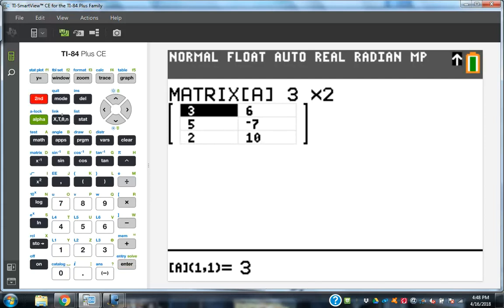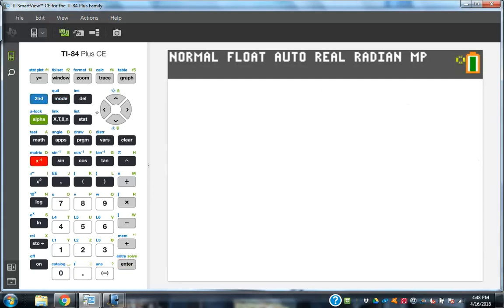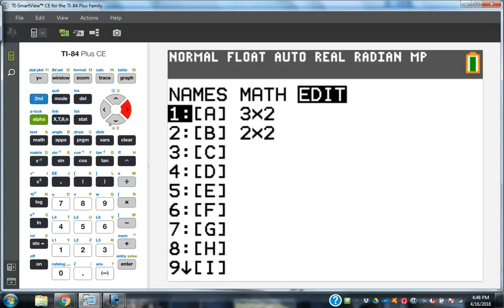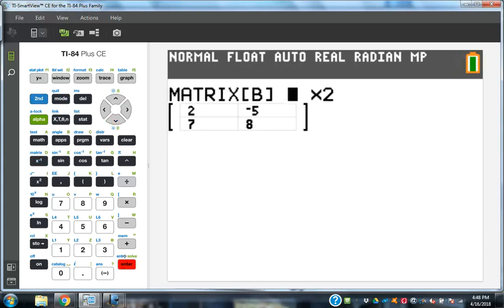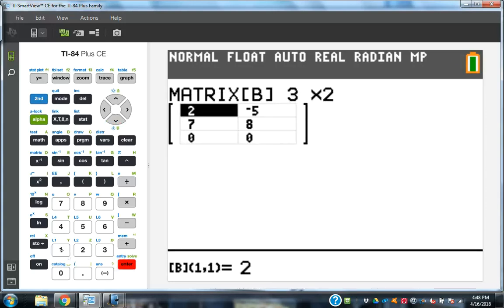And then I'd go back to the matrix menu, go to edit, and I'd go to matrix B. And I'd put in that matrix. 3 by 2. 1, negative 2, 11, 8, negative 5, 14.